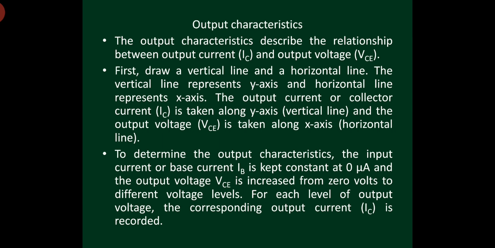So I am making it fixed at 0 microamp and the output voltage is increased. How can I vary the output voltage? If I vary VCC, then VCE is varied.